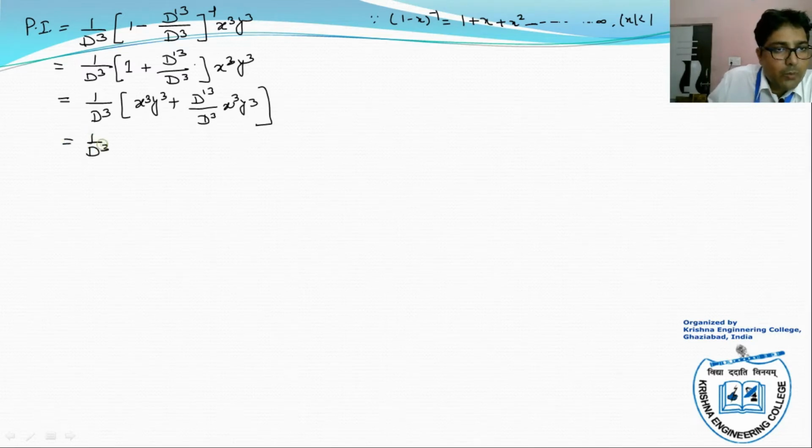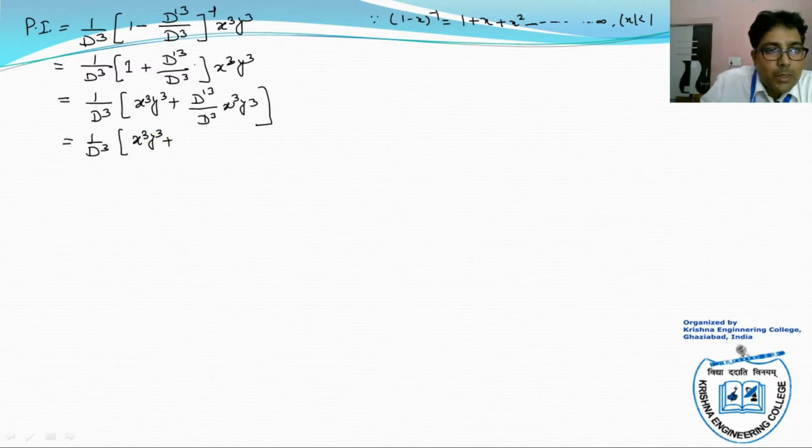1 upon D cubed acting on x cubed y cubed, plus the term D dash cubed.